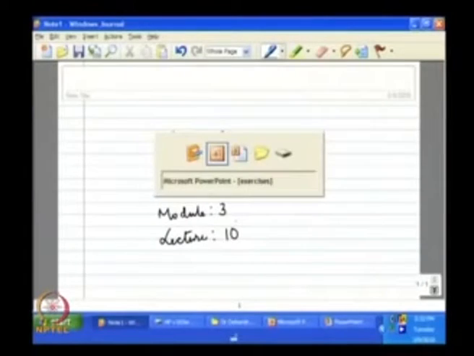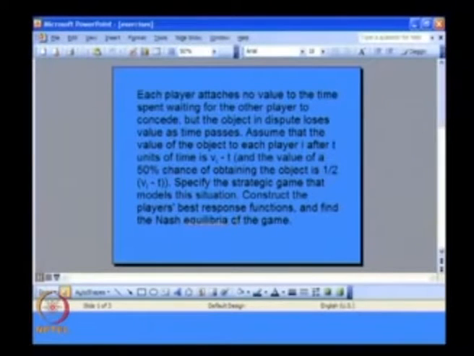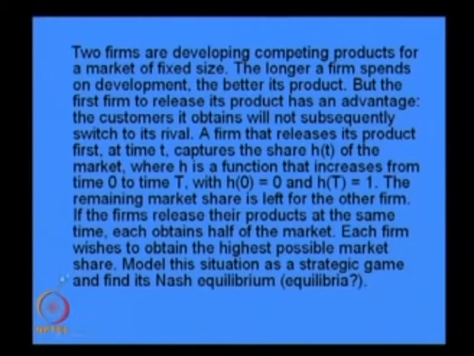So, one exercise that we want to do, a real life application, is the following. Two firms are developing competing products for a market of fixed size. The longer a firm spends on development, the better its product.